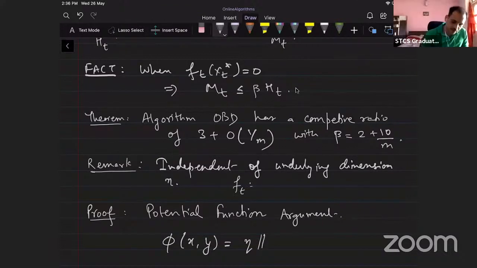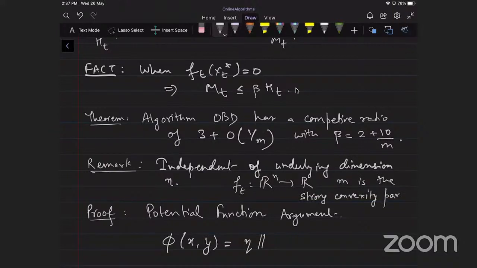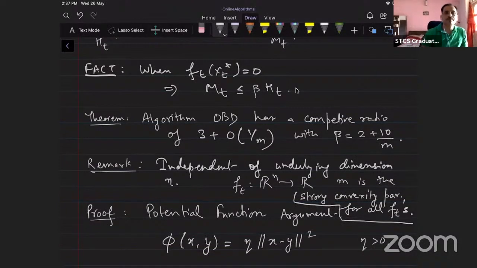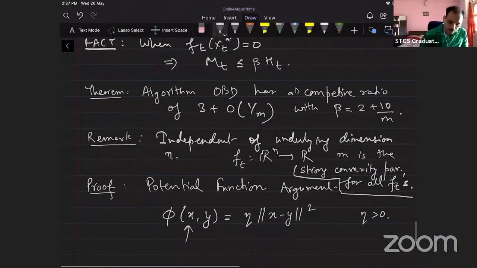So let me just say again. So this is my function space, and M is the strong convexity parameter for all f_t's. Okay. So some eta greater than 0. All right. So this dimension we will look for the algorithm, and this will be for the OPT.